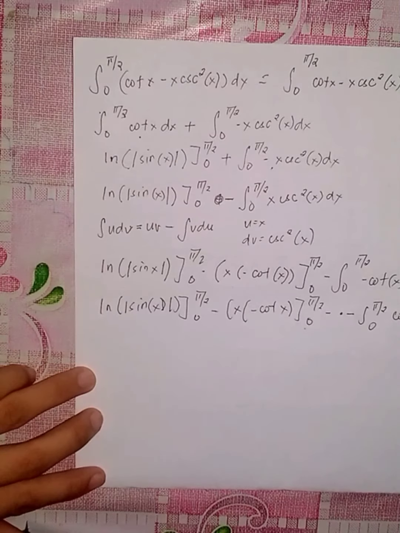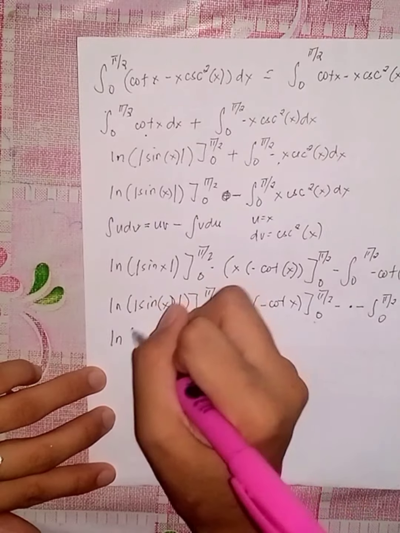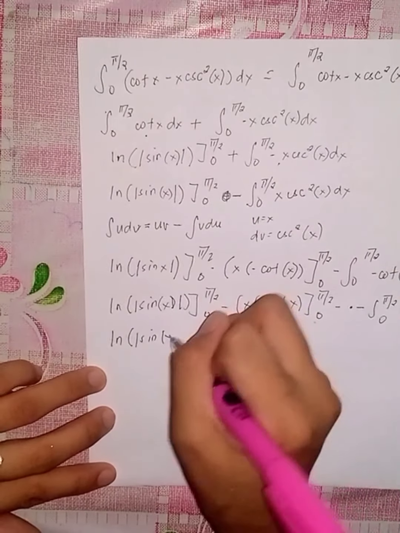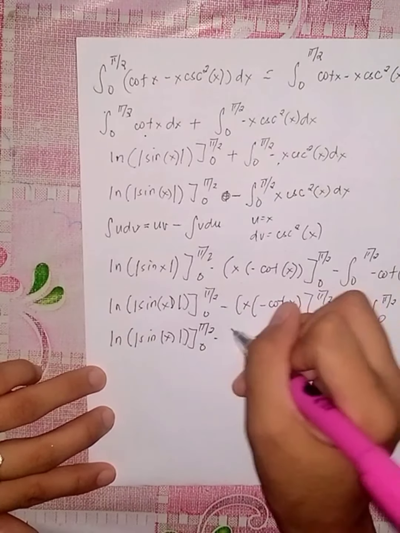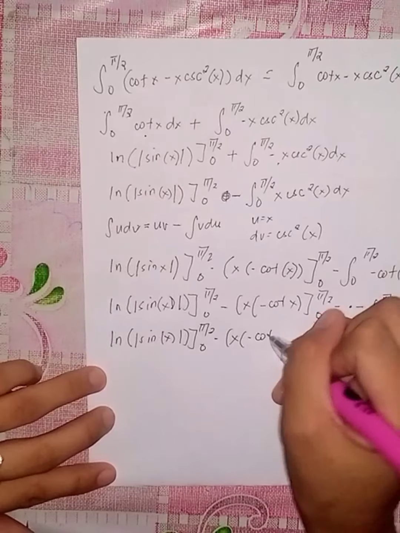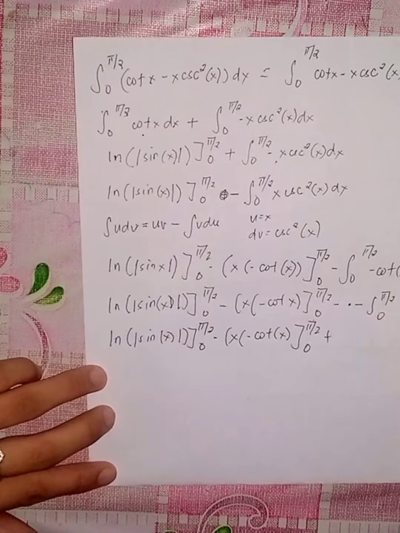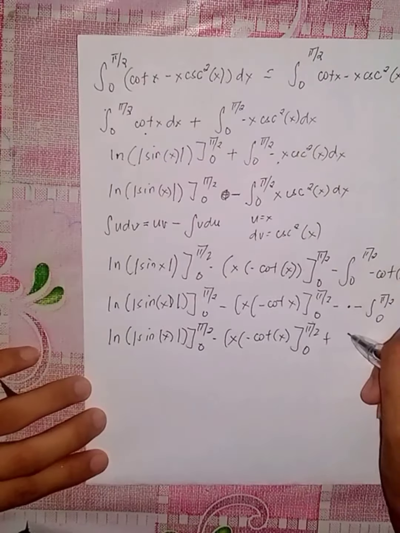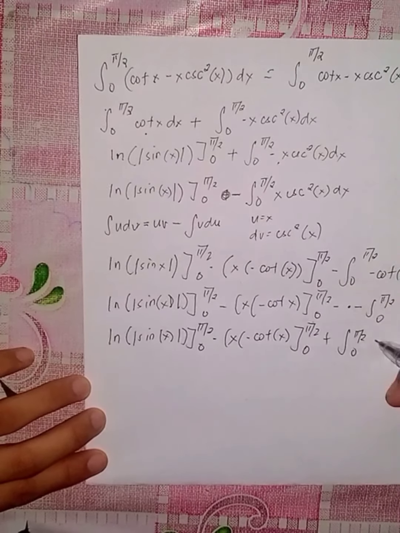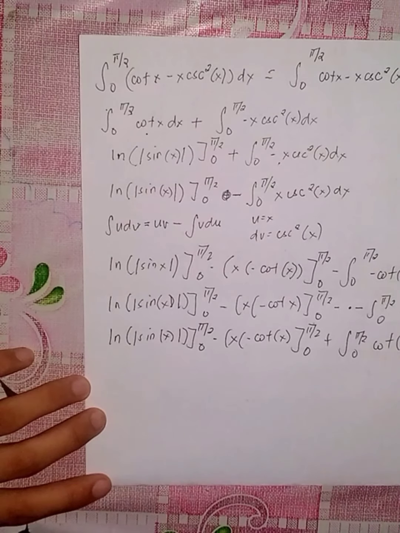Then we simplify. So it becomes ln sin x from 0 to pi over 2 minus x cot x from 0 to pi over 2 plus the integral of cot x dx. The integral of cot x with respect to x is ln sin x.